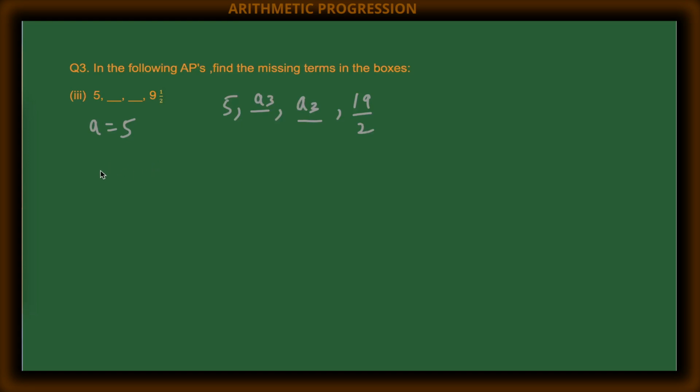Let's find out, A4 is given, right? So A4 is equal to A plus 3D. We have the fourth term, 19 by 2, is equal to A, which is given here as 5, plus 3D. So let's bring this 5 here: 19 by 2 minus 5 is equal to 3D.